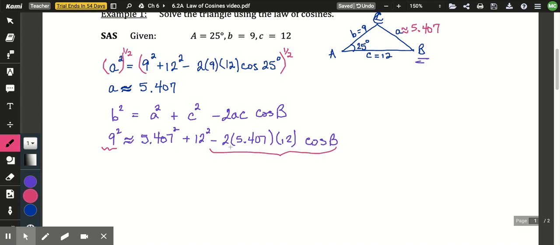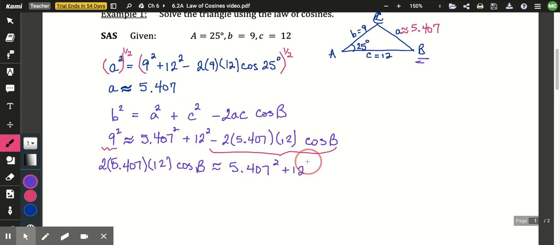So essentially, I'm just changing the location of these two things that I underlined in pink there. That's going to make this say 2 times 5.407 times 12 cosine of B, approximately equal to, and then everything that was already on the right, so 5.407 squared plus 12 squared, and then minus 9 squared.